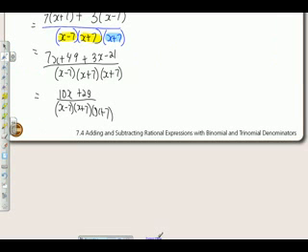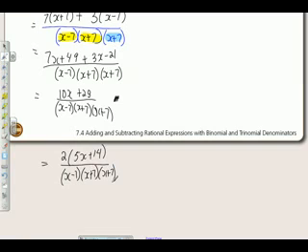Now we look, can we refactor the numerator? Yeah, I can take something out. I can take out a 2. So let's do that. Gives us 2 bracket 5x plus 14 over those 3. x minus 7, x plus 7, x plus 7.